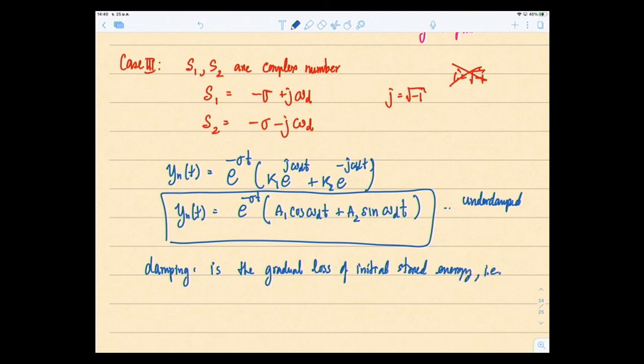In other words, it is a decay of the natural response towards zero. It shows you the shape of how the response decays towards zero.